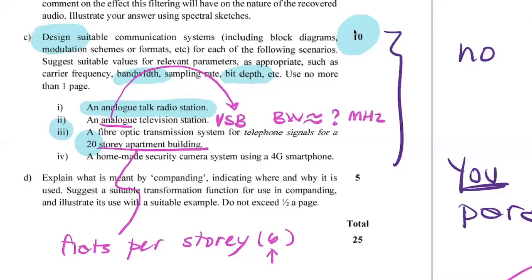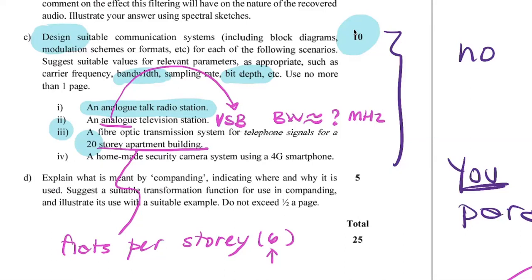And the data rate for each cable or each channel or each flat or each story is such and such based on an audio bandwidth of such and such. You do the multiplication and you come up with a design. It doesn't have to be a perfect design. It's not going to be the best design. It's not going to be the same for all students, but it has to be a justifiable, realistic design.